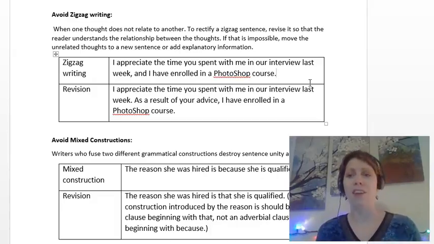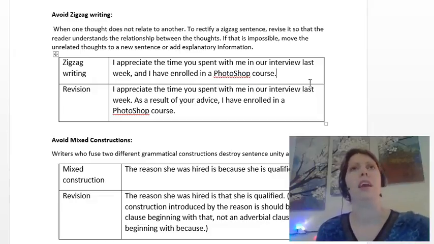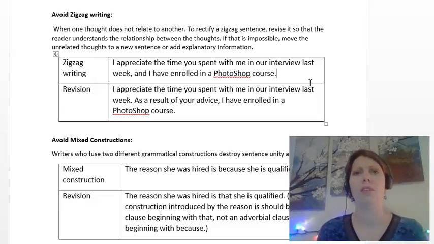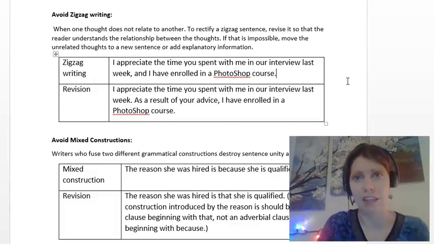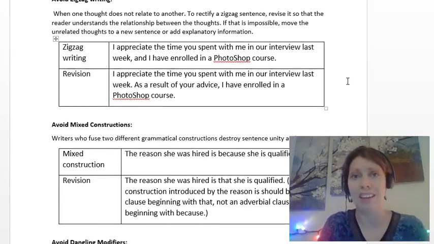Because if they advise you to join a Photoshop course and you enrolled in culinary school, that's super zigzag. But when you break it down and show that the reason you enrolled in the Photoshop course was because of their advice, now it's clear. Now we know. And anybody can read that and understand it now. It's not like just this private conversation going on between you and the person you had the interview with.